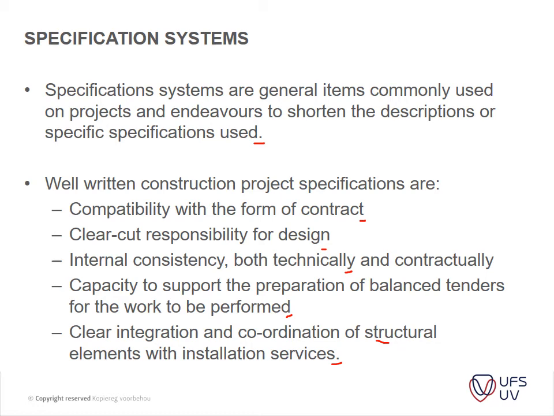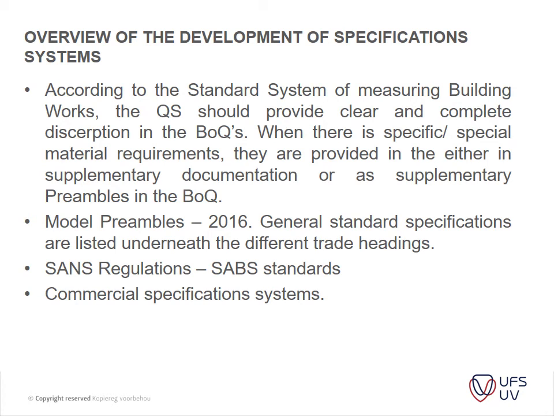Okay, then we get to the overview of development and specification systems in South Africa. So in South Africa we've got our standard system of measurement, building works, and it specifies that the QS should provide clear descriptions in the BOQ.